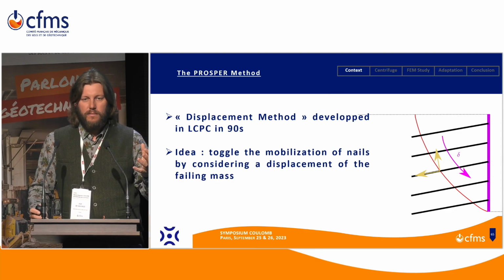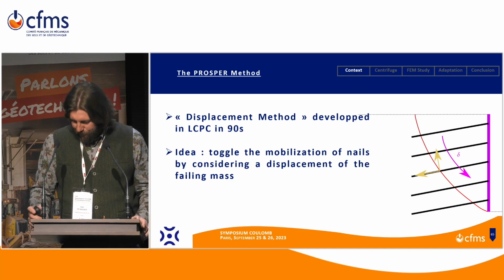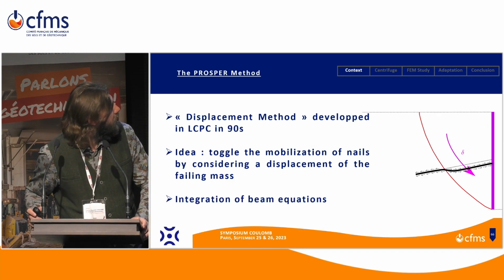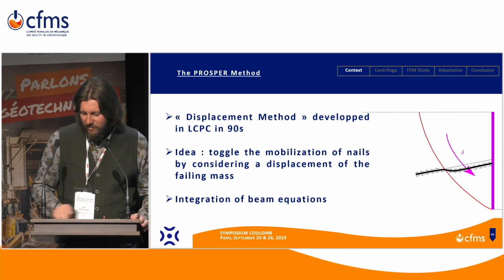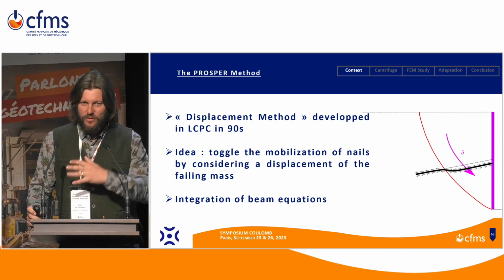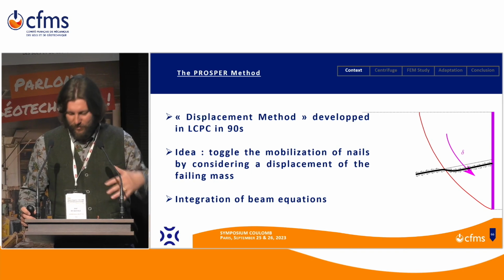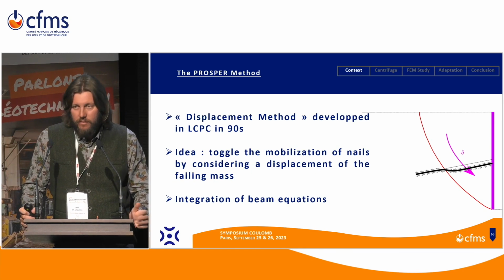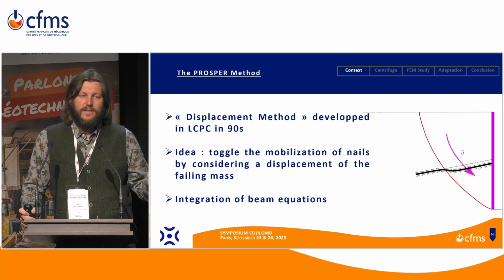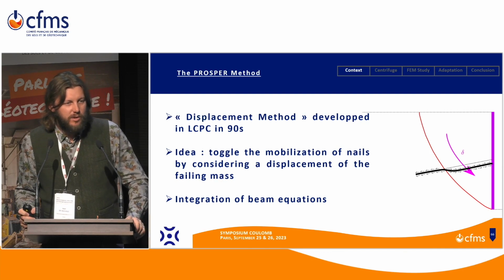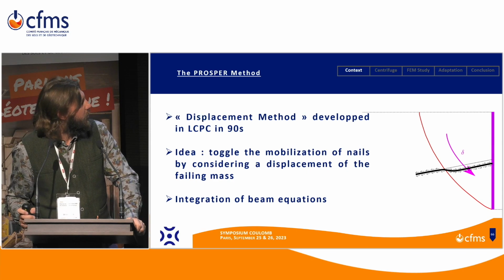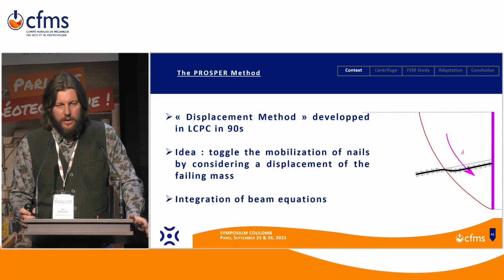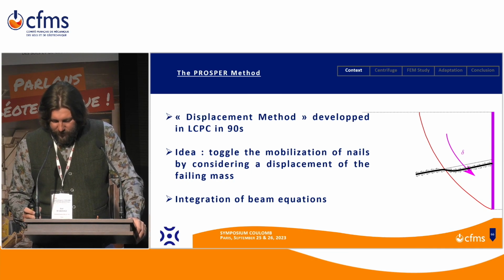Of course, it varies within a given range. So how do we deduce the tension in the nail from the displacement of the failing mass? It's simply an integration of the beam equation along the nail, and it uses the results on laterally loaded piles, also done by LCPC.